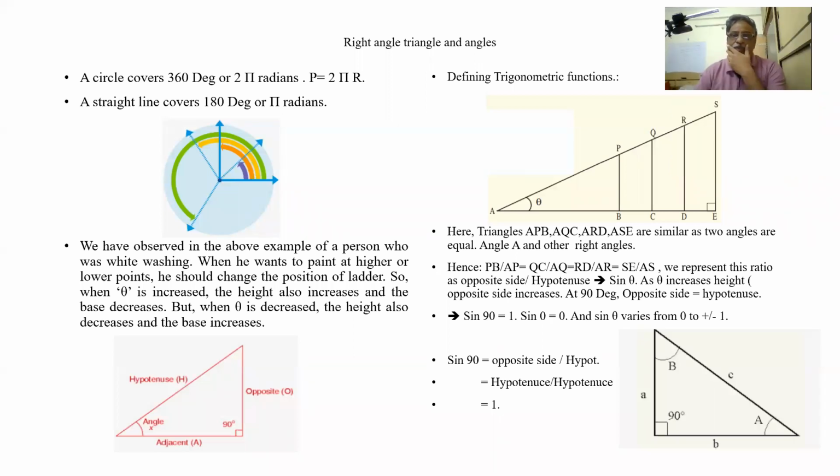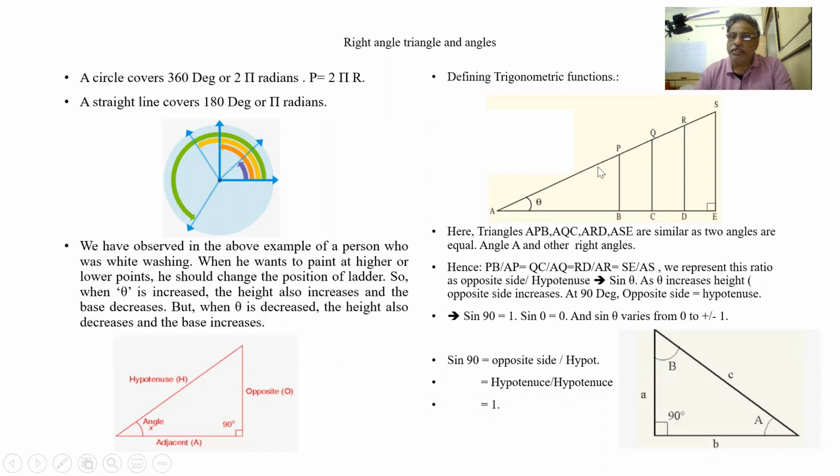Let us see, defining trigonometric functions. We are again defining basic trigonometric functions. Suppose the final ray is at an angle of theta. This is like the cost of apples and number of apples. Suppose 10 apples, 50 rupees; 15 apples, 75 rupees; 20 apples, 100 rupees.